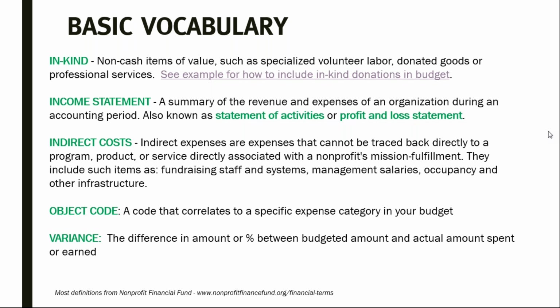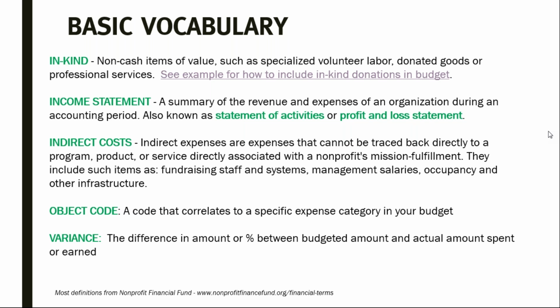And so in your budget, when you move beyond just creating organizational budgets and you're creating program budgets, so maybe you're going to a funder to underwrite a new initiative, and you want to send them a project budget in addition to your organizational budget, you would tie in some of these indirect costs, as I know that Leah went over with you, so that you're ensuring that you're covering those really important areas of operation that are supporting the program, but are not directly related to it per se.